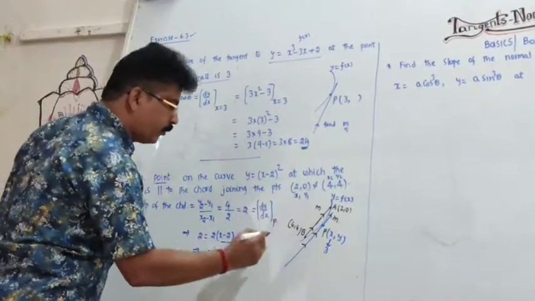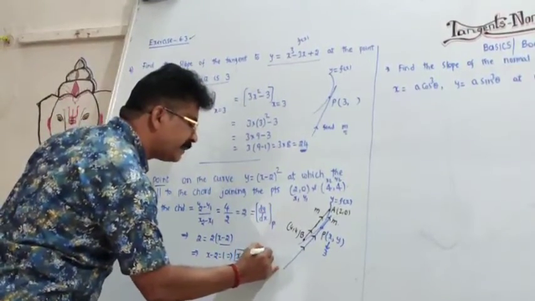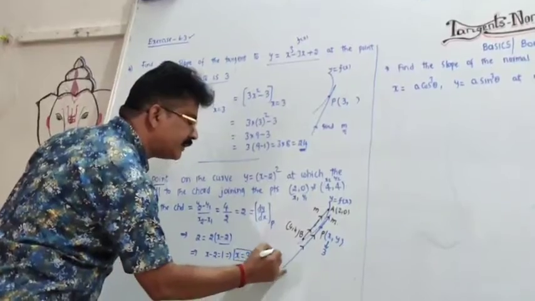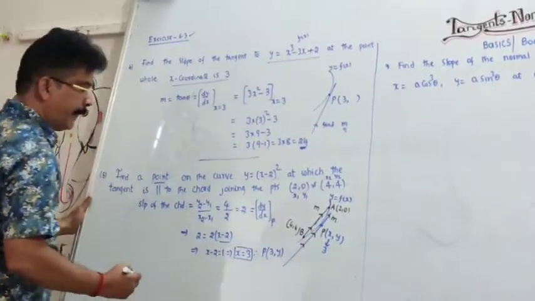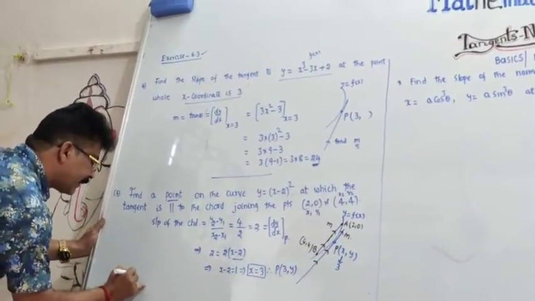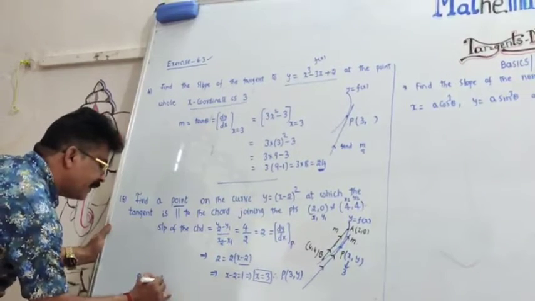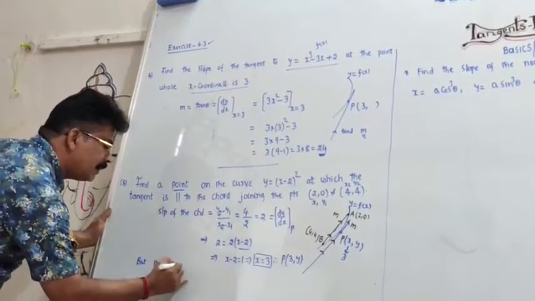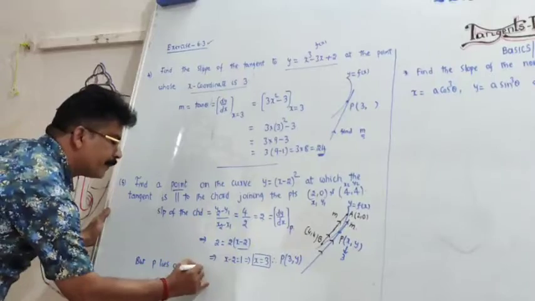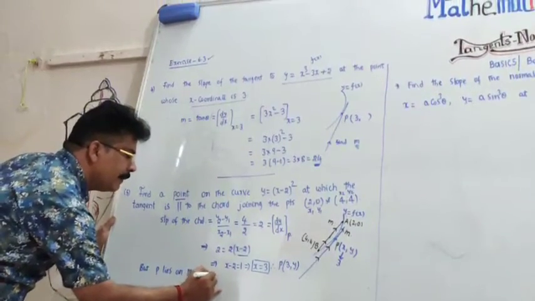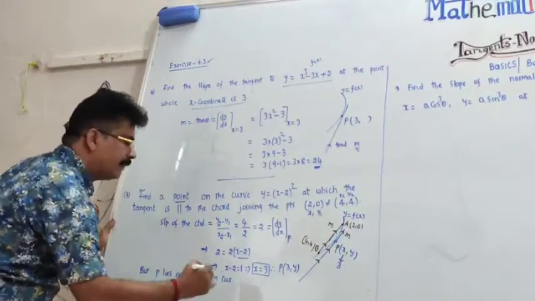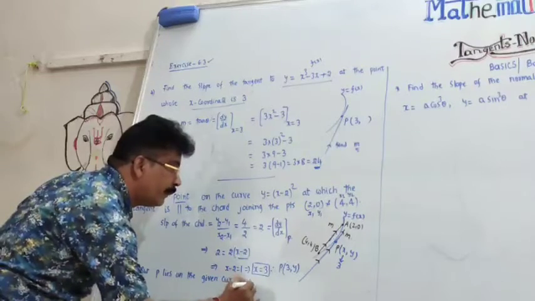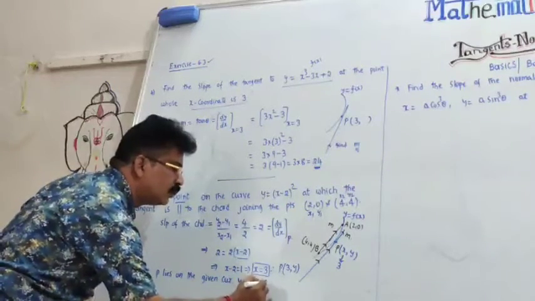So we can write capital P with x coordinate 3, y coordinate we don't know. But capital P lies on the given curve y equal to x minus 2 whole square.